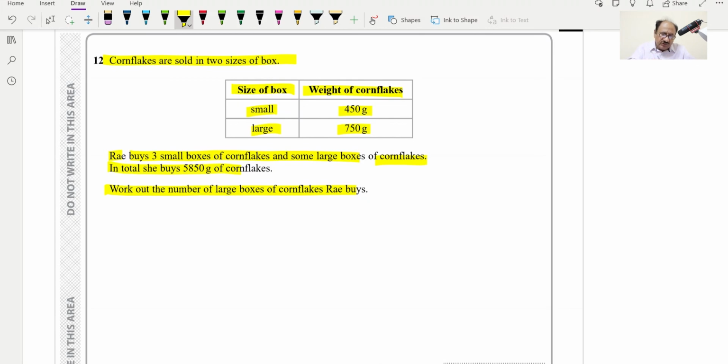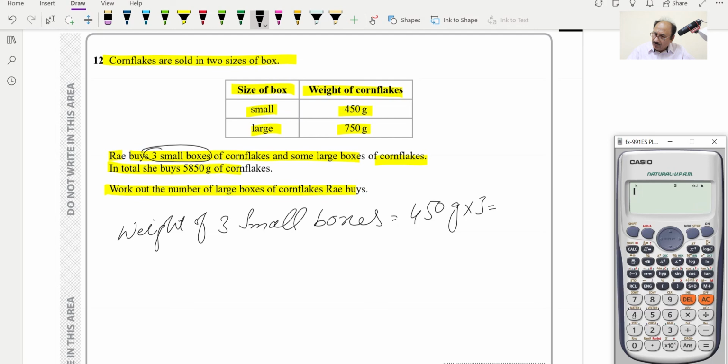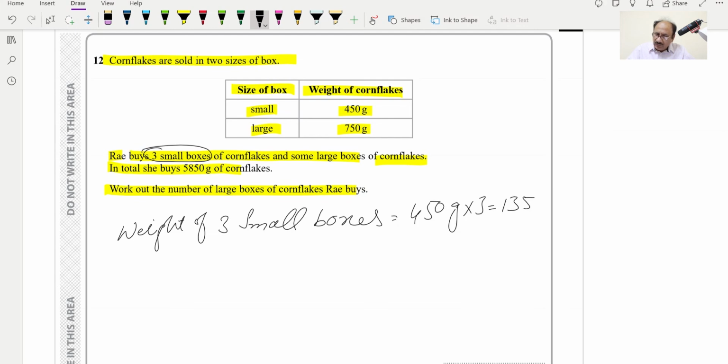So the weight of the small boxes, we know the number of small boxes is 3. So the weight of 3 small boxes will be equal to 450 grams multiplied by 3, and this will be equal to 450 multiplied by 3 is equal to 1350 grams.